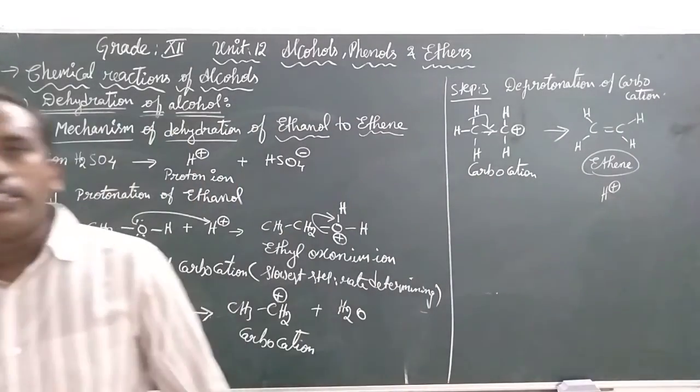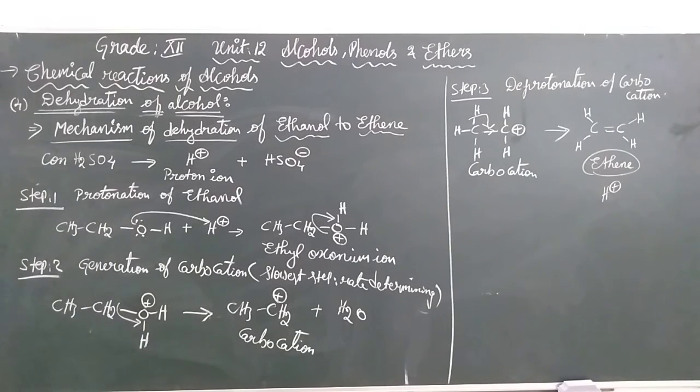So these are the 3-step processes involved in converting an alcohol to an alkene, or ethanol to ethene in our example. Very important mechanism.